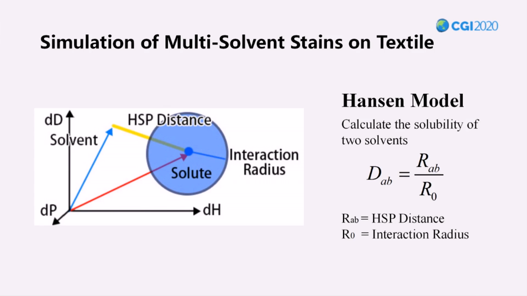We use the Hansen model to calculate the mutual solubility. The Hansen model divides the solubility energy into three parts. They are dispersion as dD, polarity as dP, and hydrogen bonding as dH.